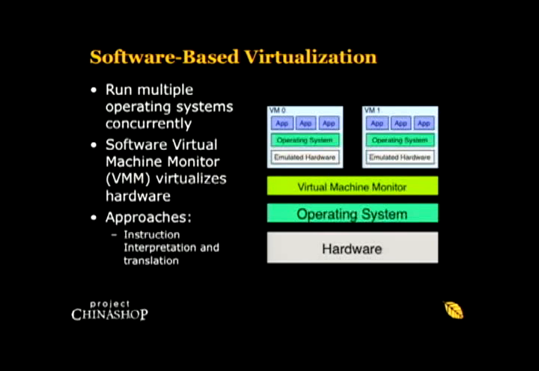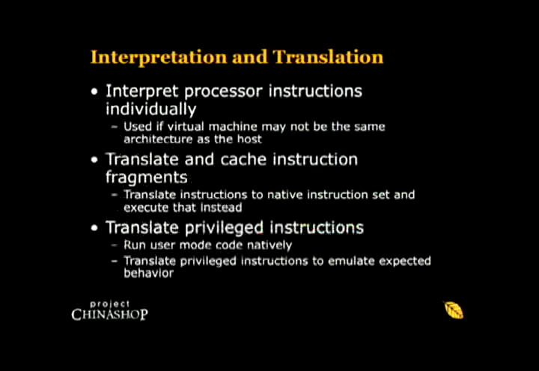The way that software has typically done this is either instruction interpretation or translation. We have things like Virtual PC for PowerPC. The earliest versions interpret processor instructions individually, and it's basically just one big emulator.